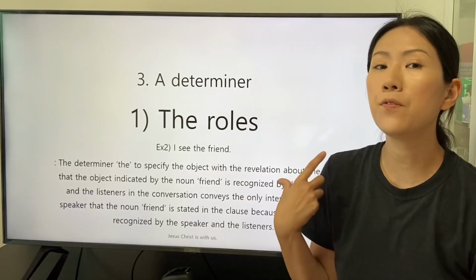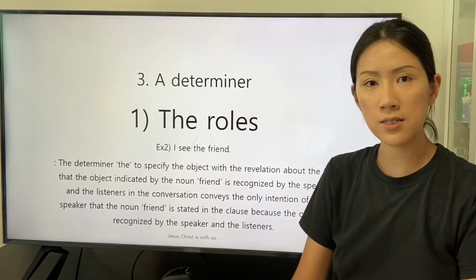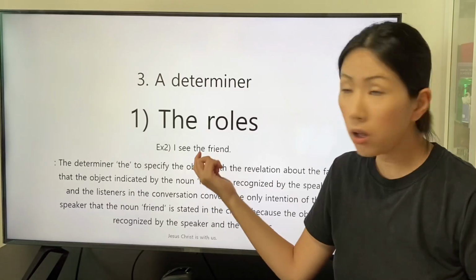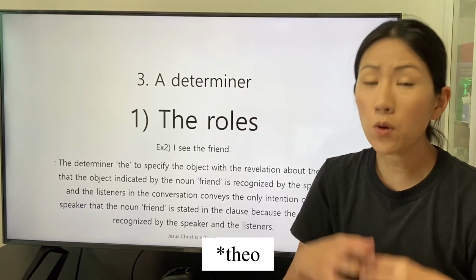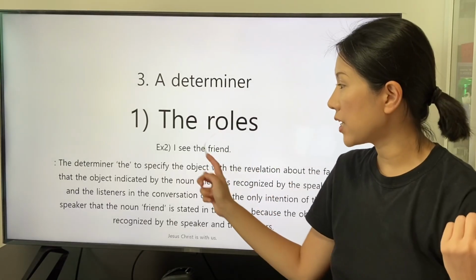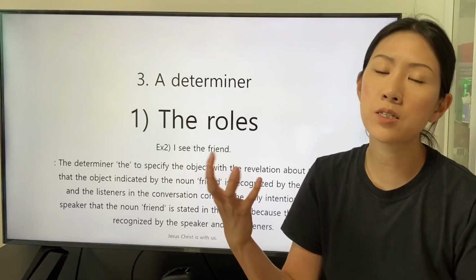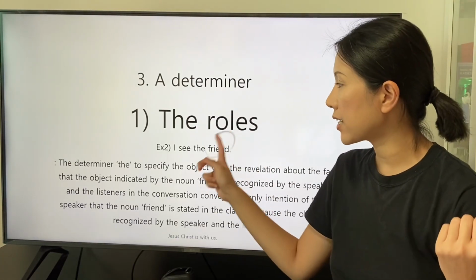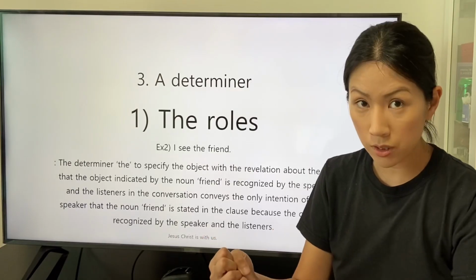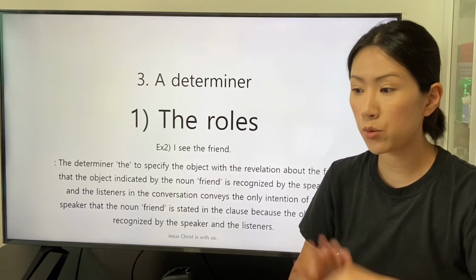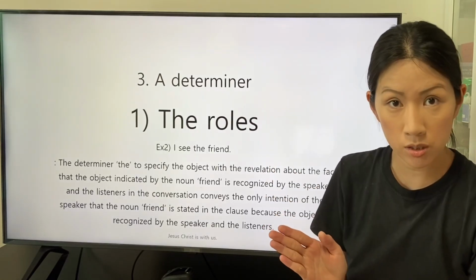The speaker who applies the determiner, that is the definite article the, that is related to the prefix the to symbolize the one, focuses on the fact that the object indicated by the general noun friend is already introduced from the prior context in the conversation among the speaker and the listeners already.